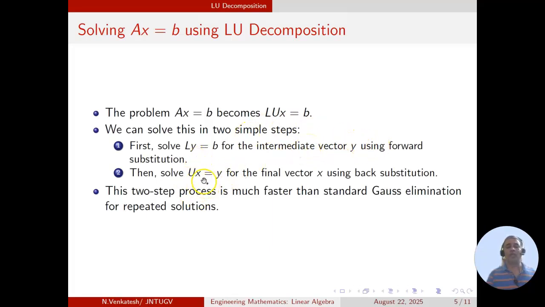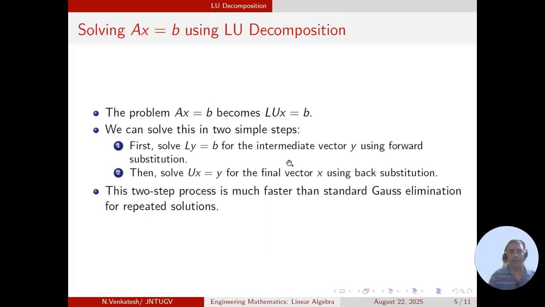And then you have Ux equal to Y, and we can find the final vector by using a back substitution. So it is similar to how we convert the augmented matrix into an upper triangular matrix. This is a two-step process which is much faster than the standard Gaussian elimination method for finding repeated solutions when you have the same coefficient matrix.